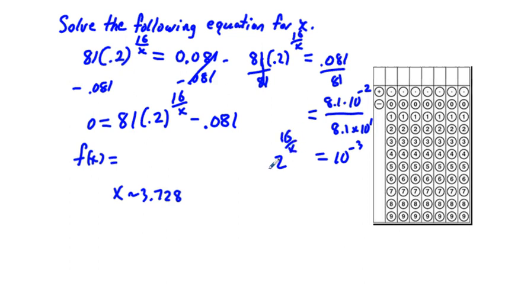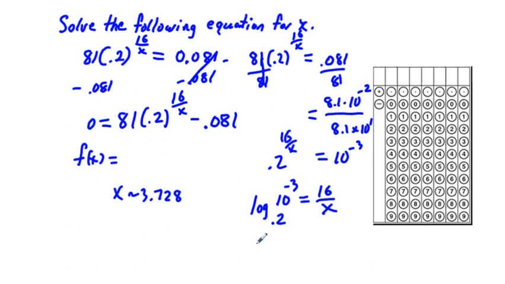Then we can switch around. The base of the exponent can be the base of the logarithm, so we have log base 0.2 of 10 to the -3 power equals 16 over x. Then we can cross multiply the x and divide by log base 0.2 of 10 to the -3 power.